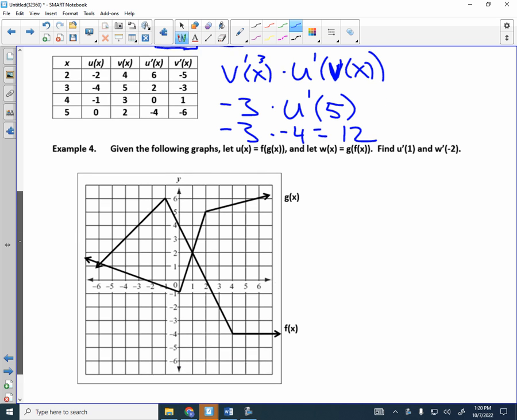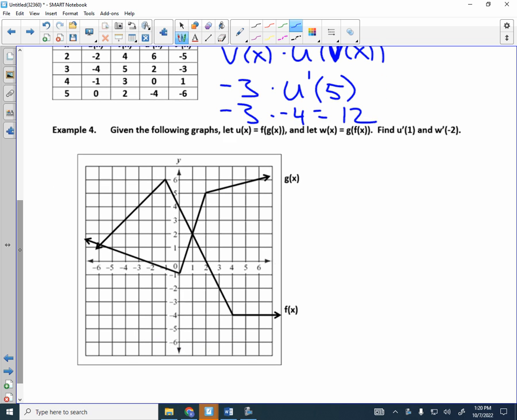One more example, then we're done. Last example. See if you follow this piece right here. I'm going to do one, and then you guys will do one, and we'll make sure it's good to go. It says, let u of x be f of g of x. I'm going to find u prime of 1 with you, and then you guys are going to find w prime of negative 2, okay?